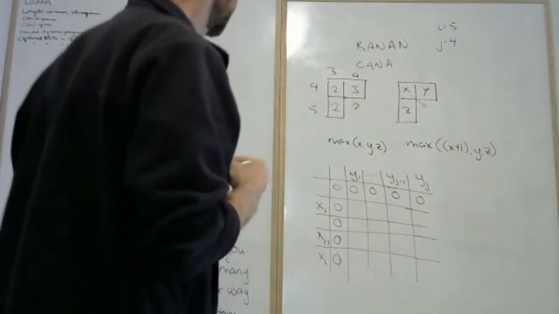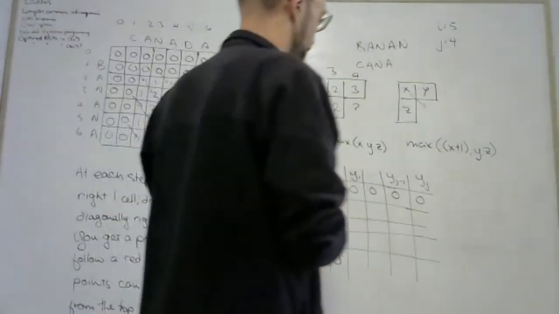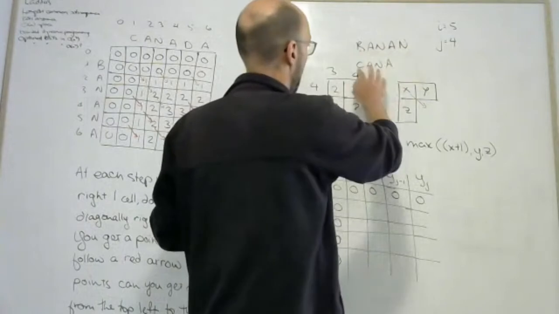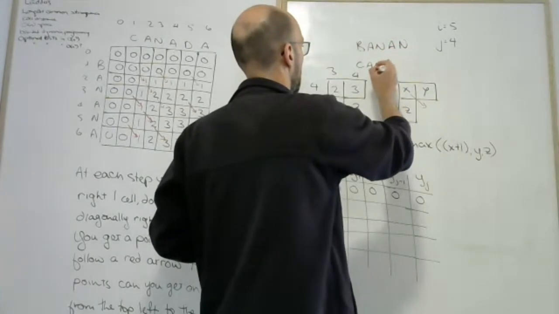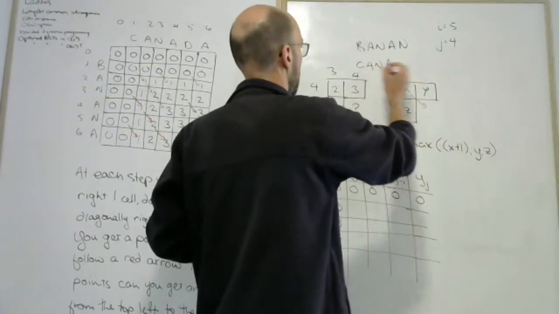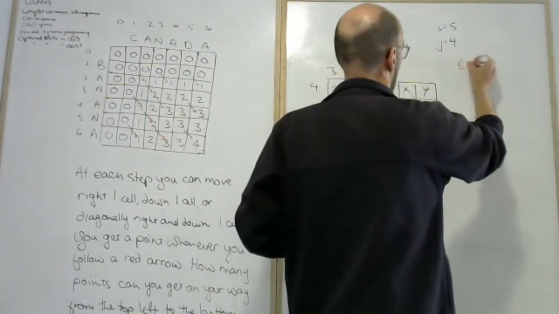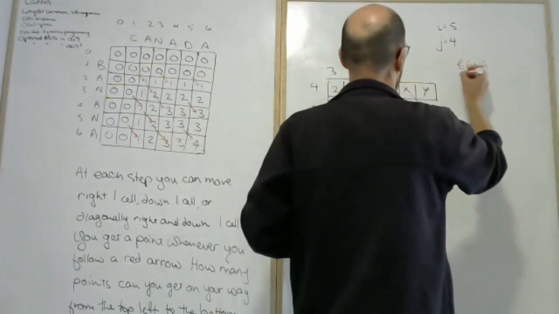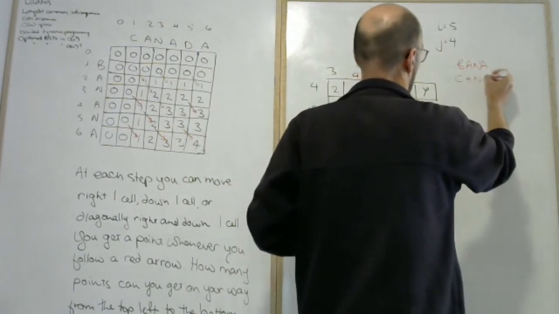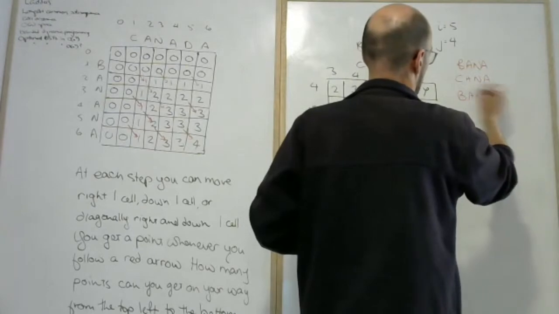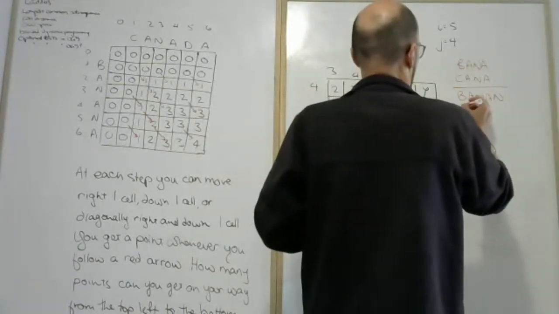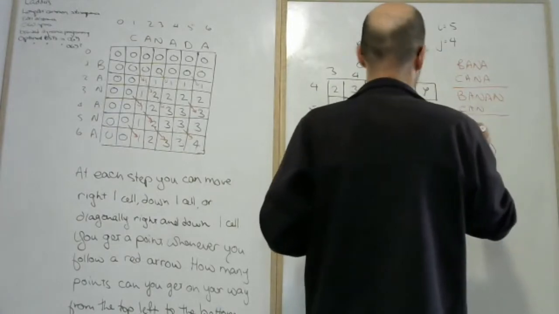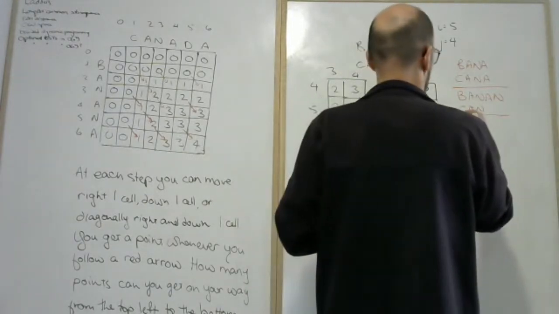So this can be either, so banan and kana is either bana and kana, or we have banan and kan, or we have 4 and 4, which is bana and kana.